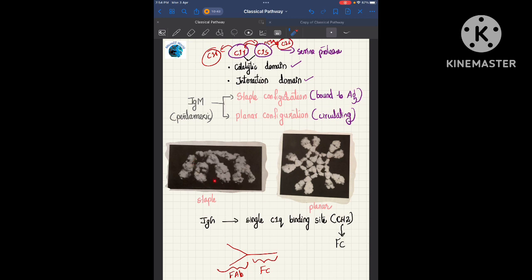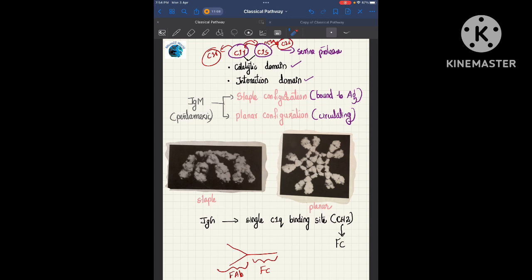Whenever the IgM exists in the staple configuration, that means it is bound to the antigen, it exposes the binding site for C1q complement. Whereas if the IgM exists in the planar configuration, the freely circulating form, it cannot expose the binding site for C1q or the C1 complement factor, and it cannot activate complement.